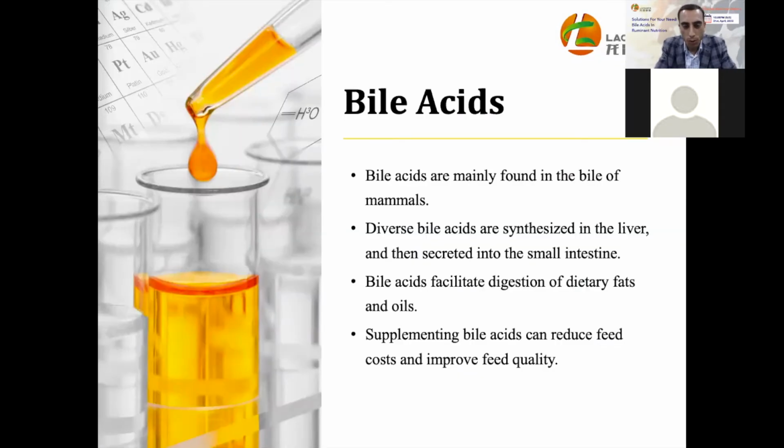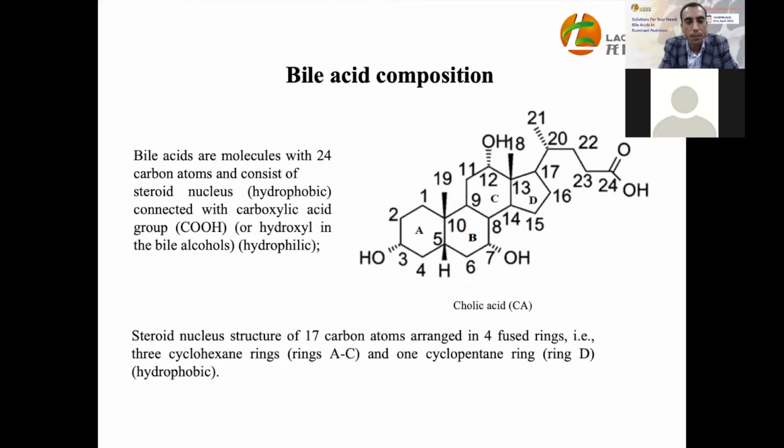Bile acid is a molecule secreted in the liver and stored in the bile, and after storage it is combined with glycine and taurine to become functional and biologically active. If we look at bile acid composition, bile acid is a compound molecule containing a steroid nucleus connected with a carboxyl group.